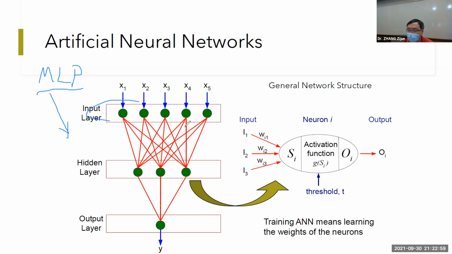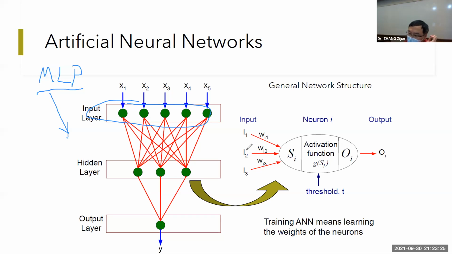The input layer contains all the input nodes. Each one of the input nodes means one dimension, one attribute of that input. And we have a hidden layer containing a number of hidden nodes, and the number of hidden nodes is usually less than the number of input nodes, but sometimes can be larger.